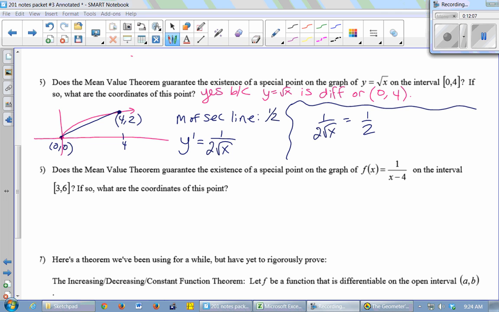So this is your derivative. The mean value theorem guarantees there is some value in there where the slope of your tangent line or your derivative is equal to the slope of your secant line. And then you just solve this thing for x. So this would be at, there's your special point. 1, it's between 0 and 4. And if I draw a tangent line at 1, I get a parallel line to the secant line.